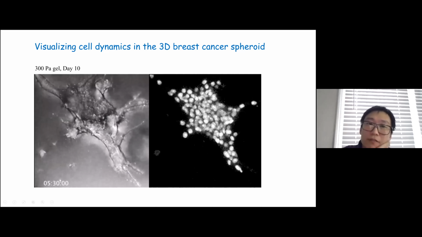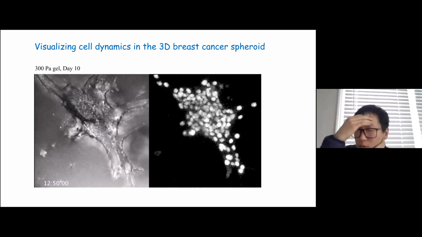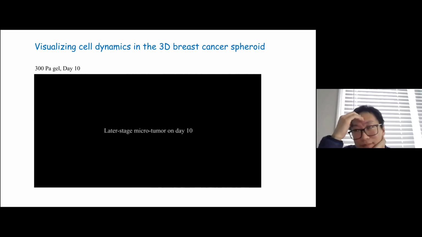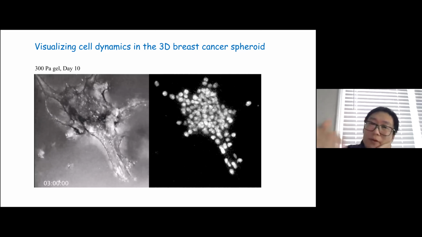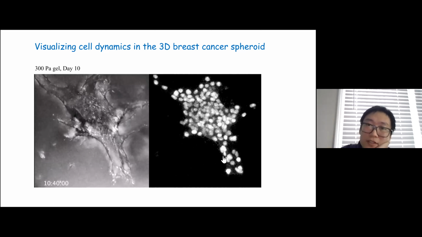When this starts to invade, we see some of the signaling. I think that we compare with, I forgot who it was, but some of the PI3K signal at the invasive tips, you also see that.